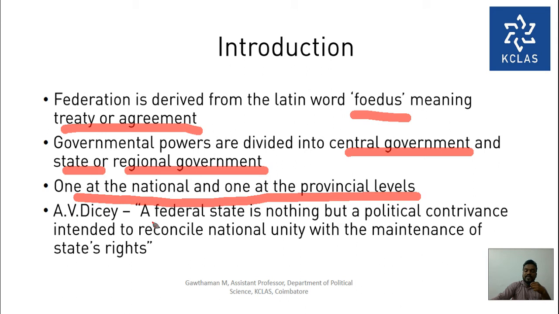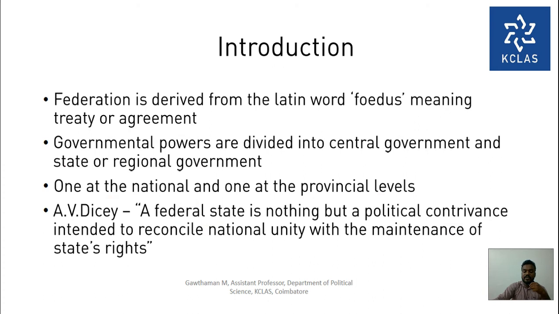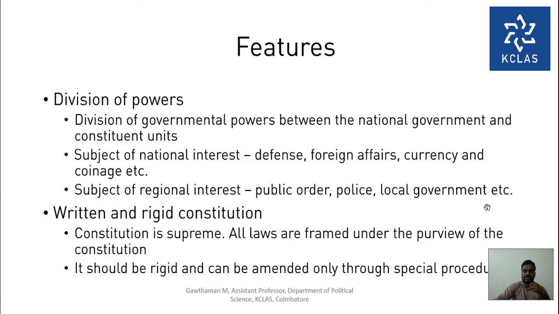A.V. Dicey says that a federal state is nothing but a political contrivance intended to reconcile national unity with the maintenance of states' rights. So they are trying to include the state interest when they are making the federal state. The interests of the states are taken into consideration in a federal state.